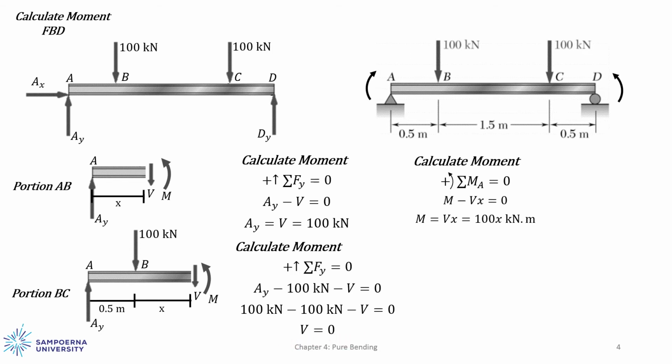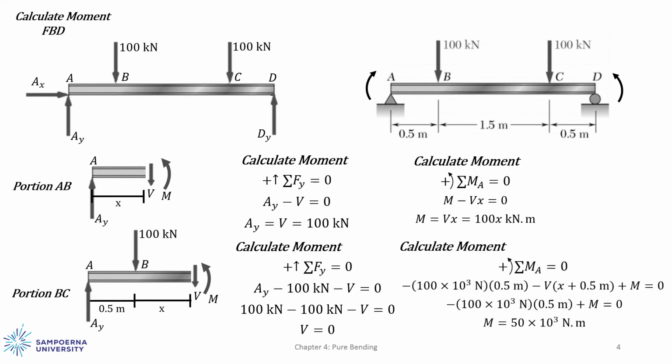Then using sigma moment at A equal to 0, this is minus because it creates moment in the clockwise direction. Vx, because V is 0, we can neglect it, and we get this equation, and then we can get the value of moment.